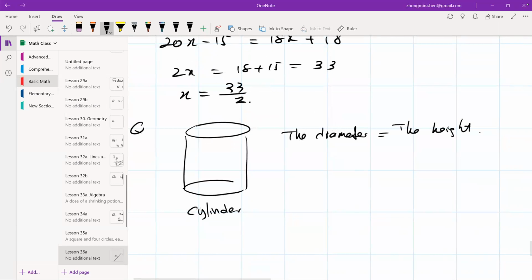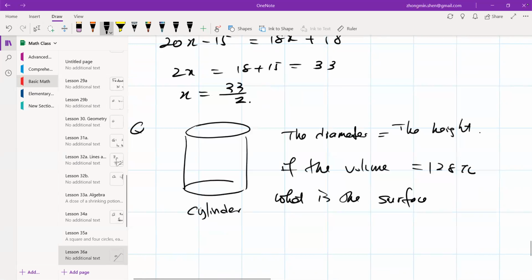If the volume of the cylinder is 128 pi cubic units, what is the surface area?